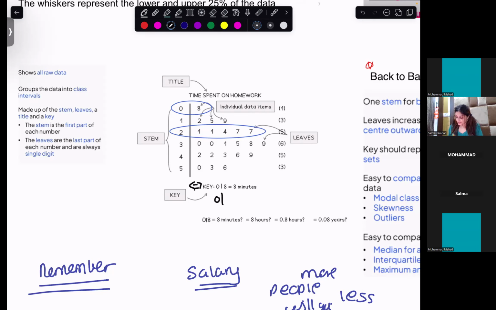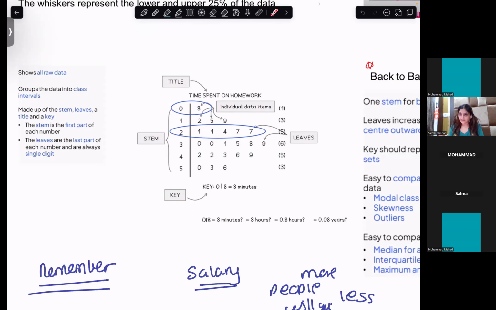If the key was 0.8, this would mean 0.8 minutes. So if it was 1|2, it would become 1.2 minutes. And for this key, it would become 12 minutes. Very good. It's as simple as that.